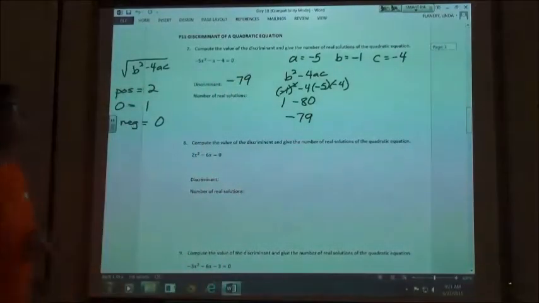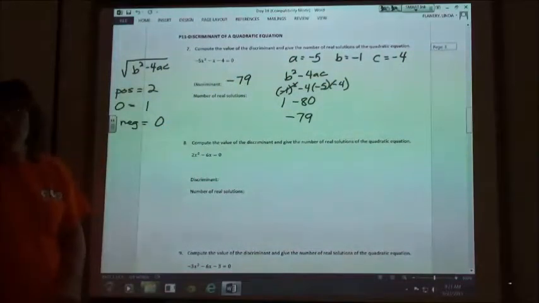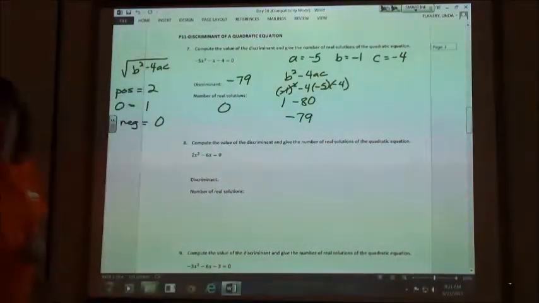So my discriminant in this case would be -79. Since it's negative, how many real solutions do I get? I don't get any because I'm going to get imaginary number solutions.